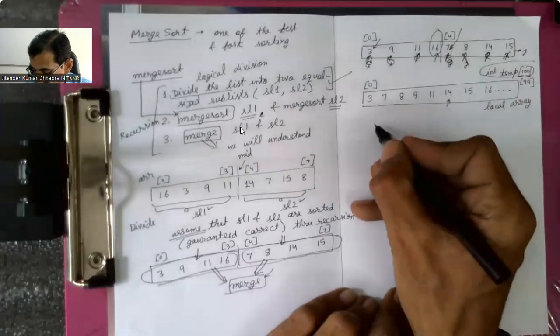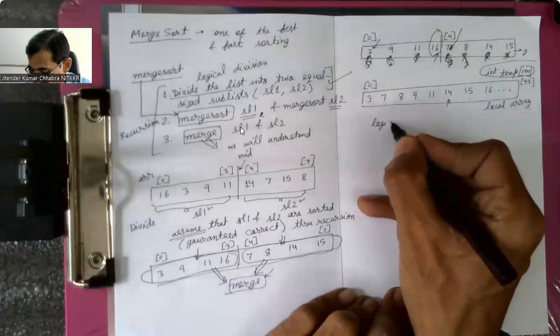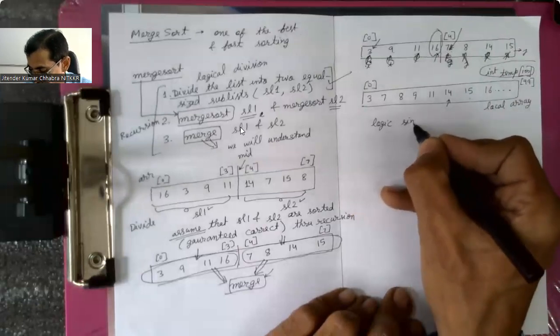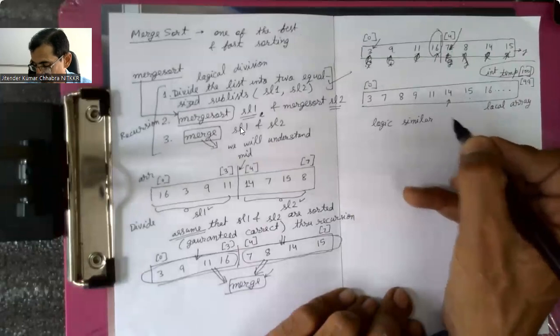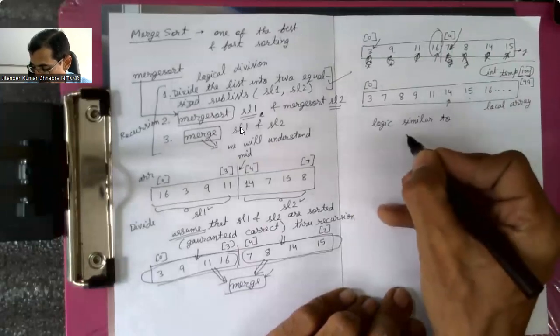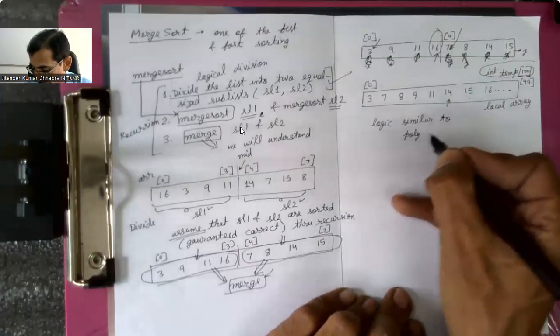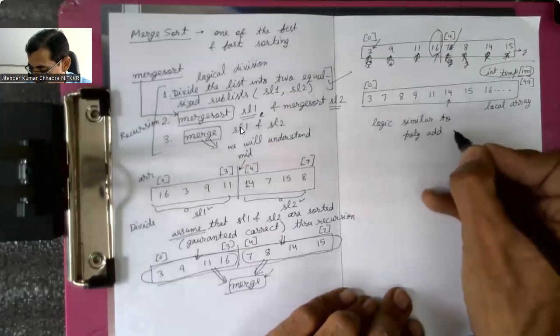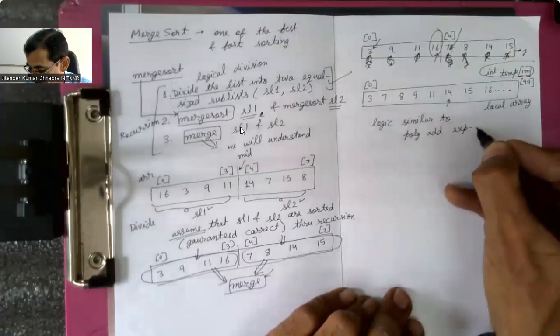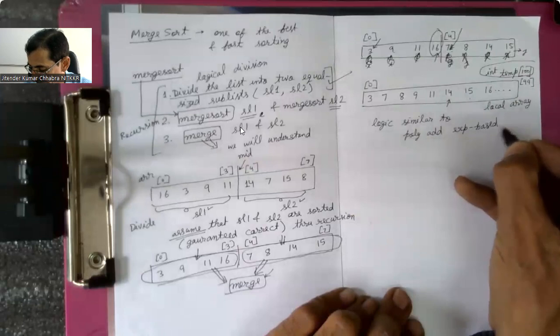If you remember, this logic we have already done. For another program, we have already done very similar logic. We have done similar logic for polynomial addition based on exponent representation. There also we had the same thing.